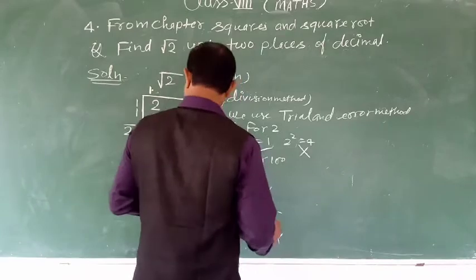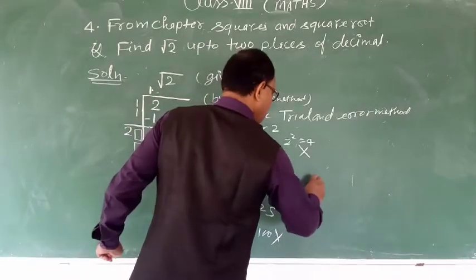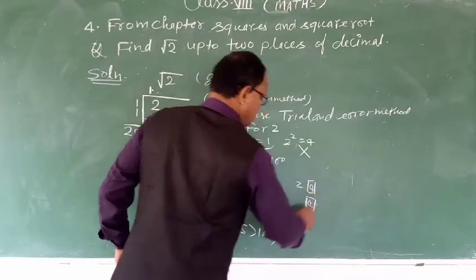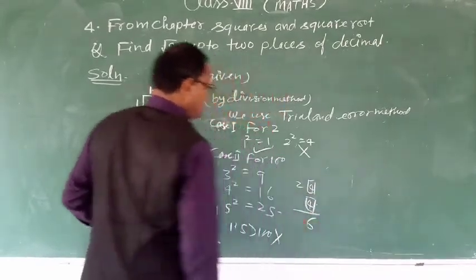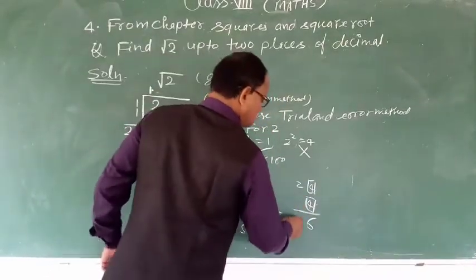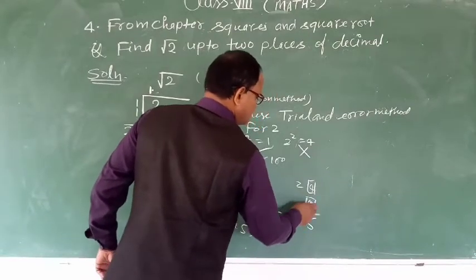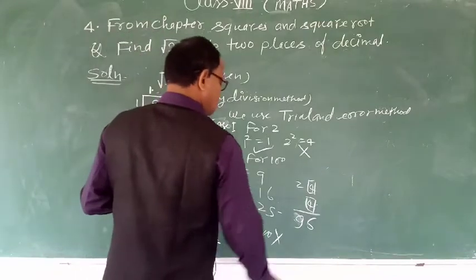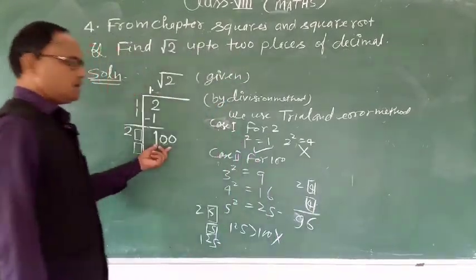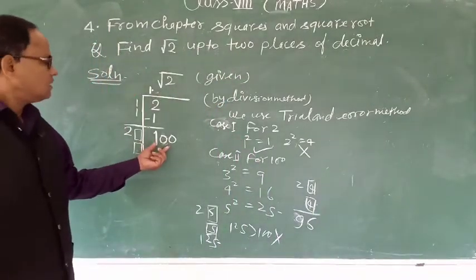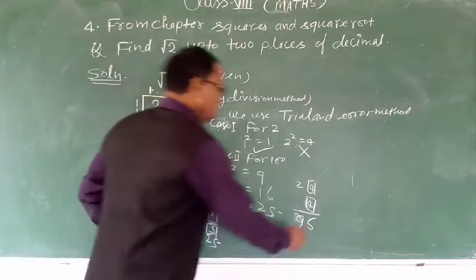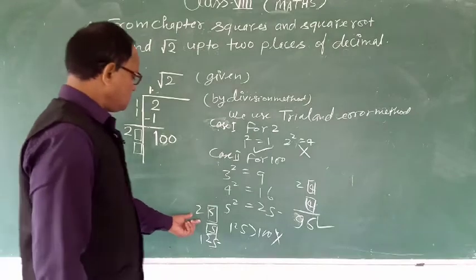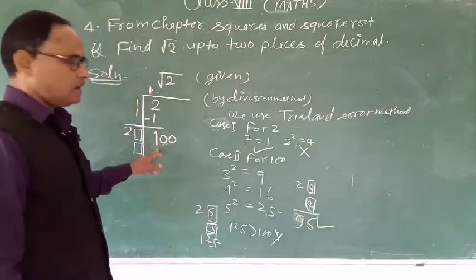And here 4 into 4, 4 4s are 16 and 4 2s are 8, 96. The 96 is less than 100, then it is suitable, and the other is not correct because it is more than 100.